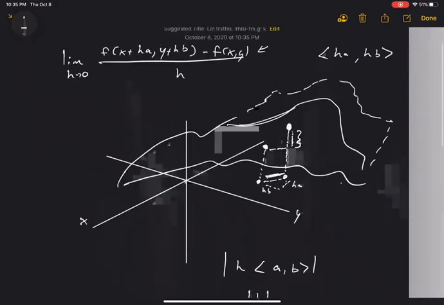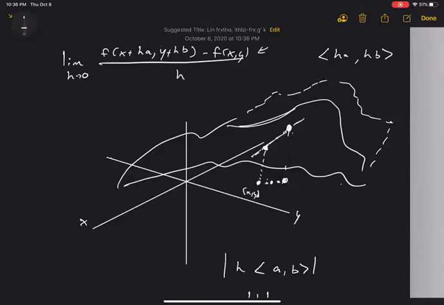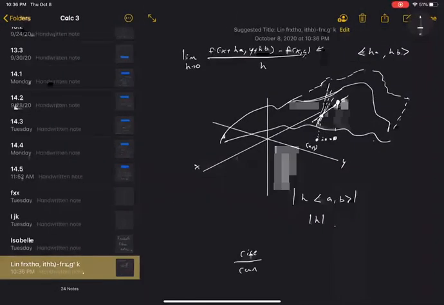This limit should still give us the slope of the line between these two points. As h goes to 0, these points get closer and closer to my original point (x, y), and the slope gets closer to the slope of the tangent line at that point. So it's very similar to our previous ideas of the derivative.